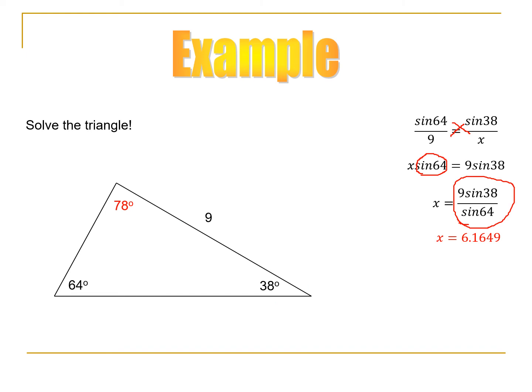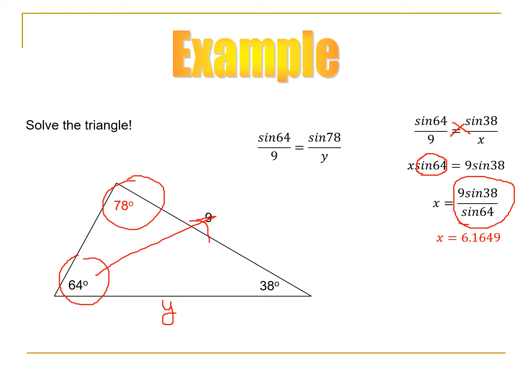Then let's find the other missing side over here. We'll call it y, and you set it up the same way. Sine of 64 over 9, and in this case, sine of 78 over y. There's the setup.